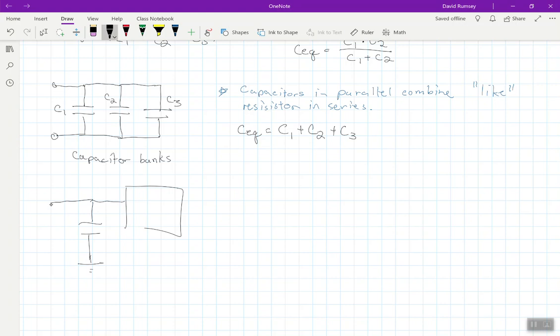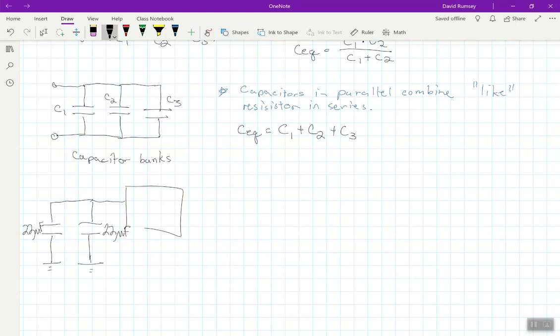But what we did instead is we put two 22 microfarad capacitors in parallel. Because if we put these in parallel, that capacitance adds up to 44 microfarads, which is pretty close to 45. And we just made sure that when we designed the circuit board, these were mounted close together. Essentially, they were mounted side by side.